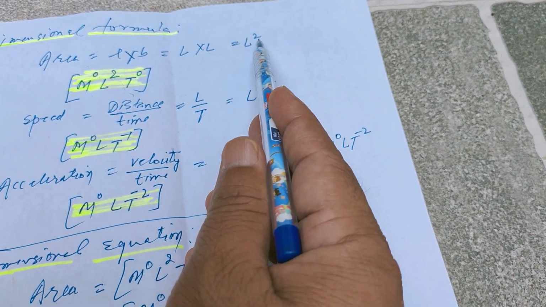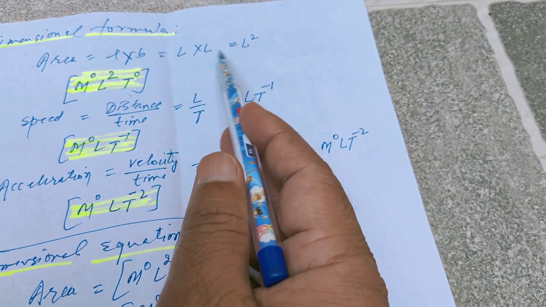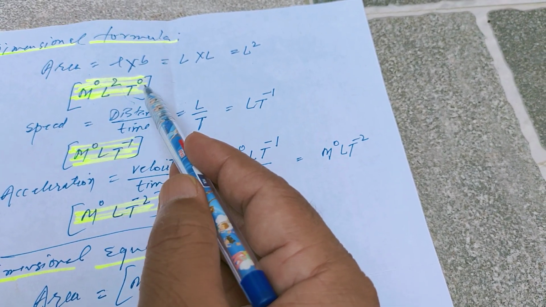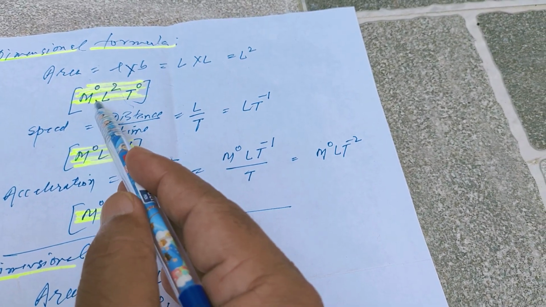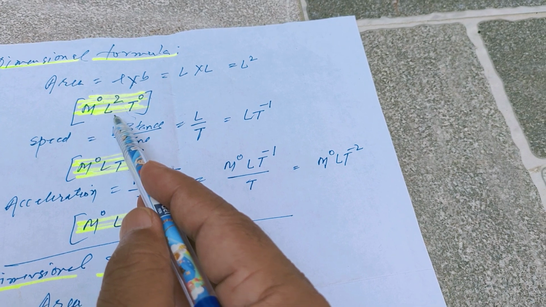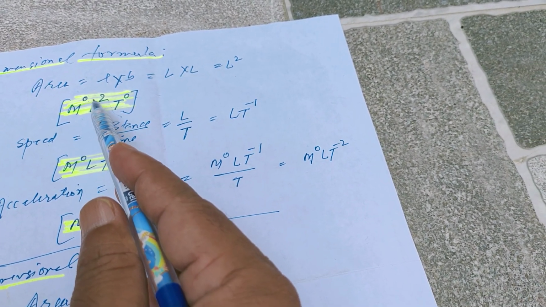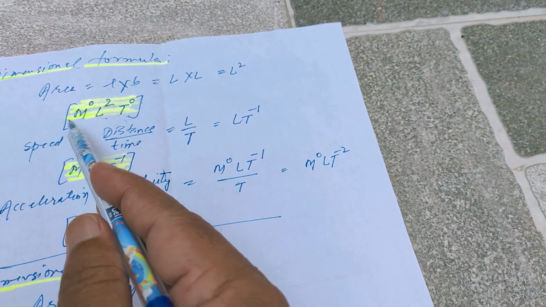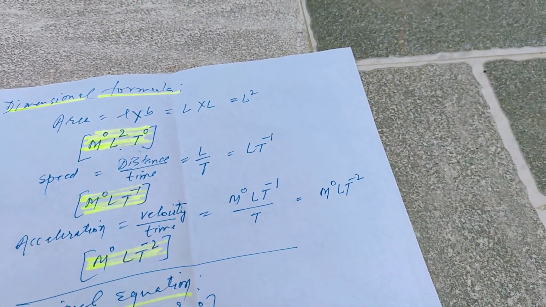For length, power is 2, so L square. As time is not included in area, time is to the power 0. So this expression, in which the fundamental physical quantities mass, length and time are written with their powers 0, 2 and 0, is called the dimensional formula.